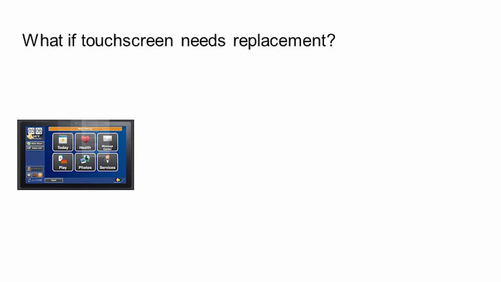Just recently, I heard an example of an individual at a home who had accidentally, it sounded like, kicked the touchscreen. And all of a sudden, the touchscreen was no longer working as expected. It was no longer operating as required.